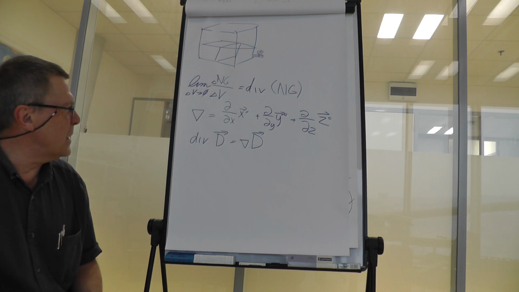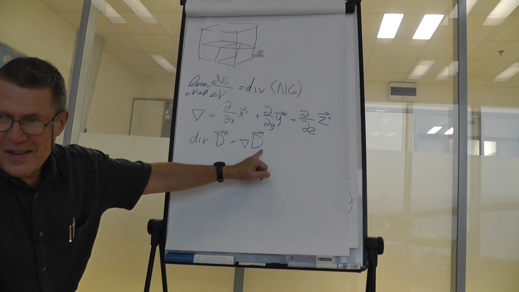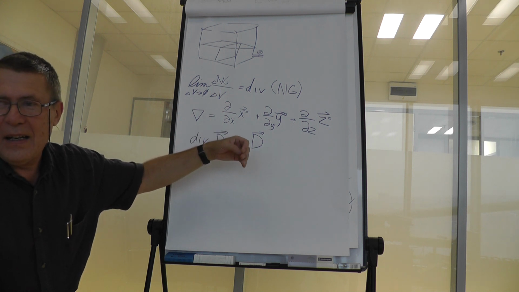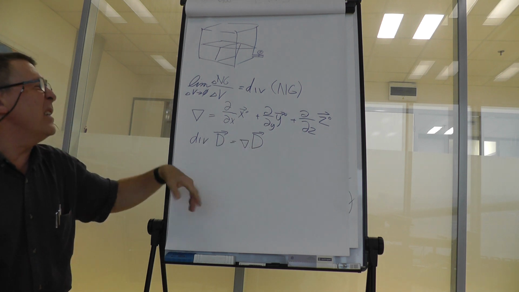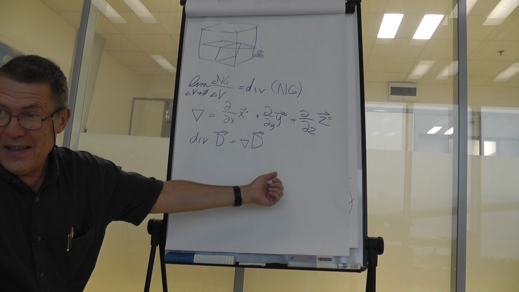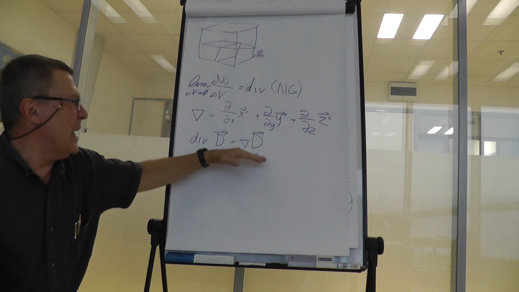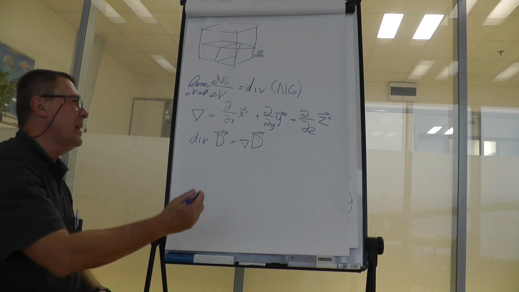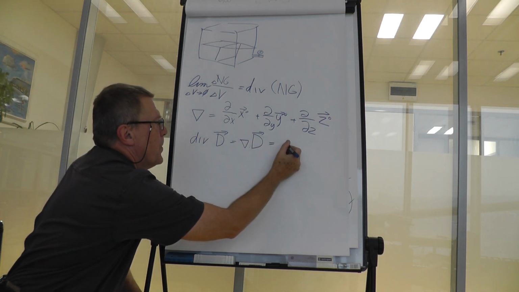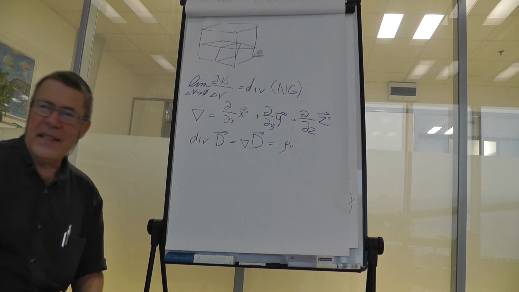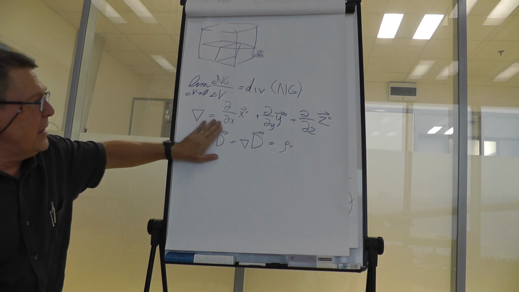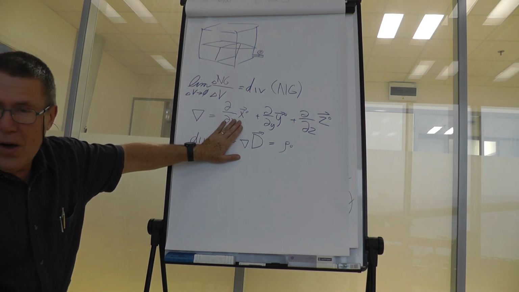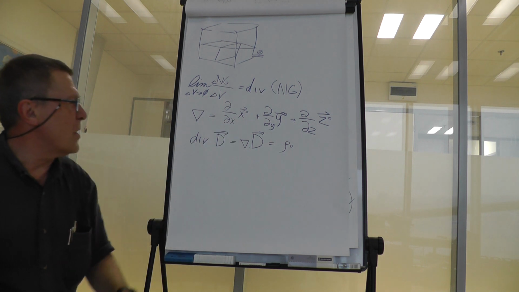So this divergence takes a vector, the function D, for example flux density, and the result of that is a scalar. In our case, that would be the density of free charge in that point. So now we have obtained a law of physics that is described in a differential way.